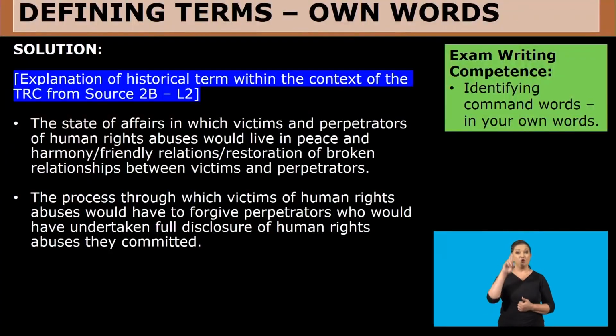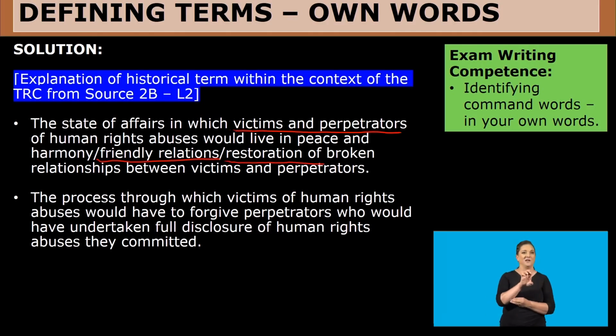So remember, the question asked you to define reconciliation in the context of the TRC. Now, if you look at the solution or the possible answers there, it says the state of affairs in which victims and perpetrators, very important to look at that, victims and perpetrators of human rights abuses would live in peace and harmony, or they would have friendly relations, or reconciliation can also mean restoration.